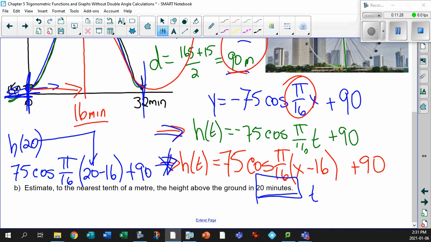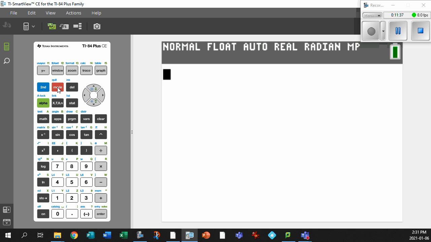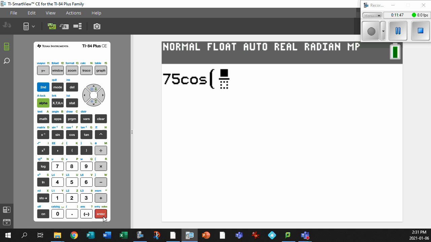So if you put this into your calculator, this is really easy to figure out. Calculator time. Second quit. All right, here we go. There's my 75 cos. I can put in my fraction of pi over 16.